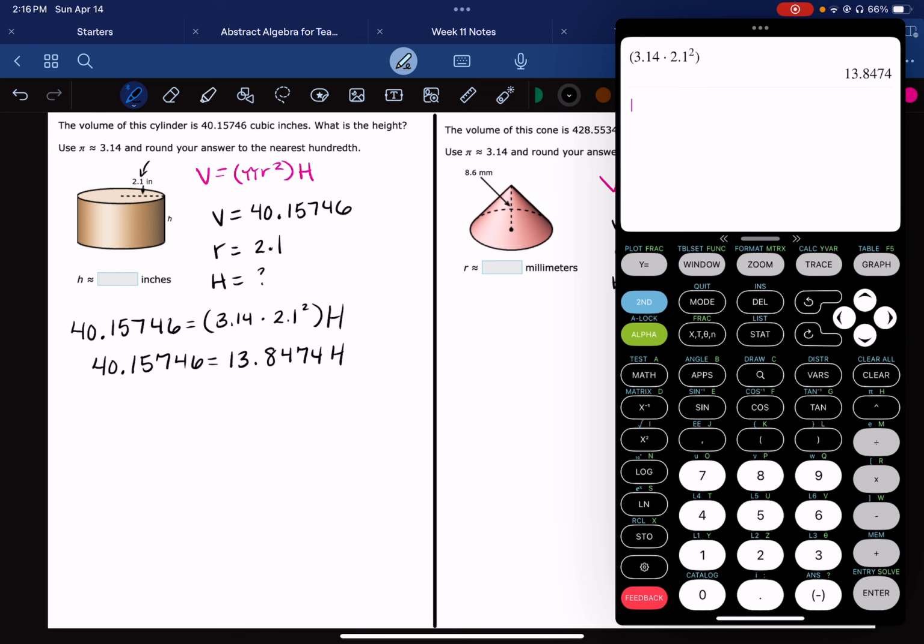That something is the only thing we need to get rid of. Since it's being multiplied, we're going to do the opposite of that. We're going to divide it by 13.8474. And we're going to divide the left side too by 13.8474.